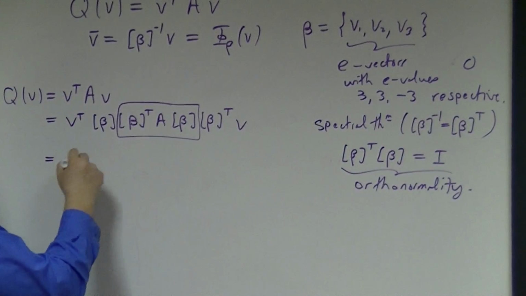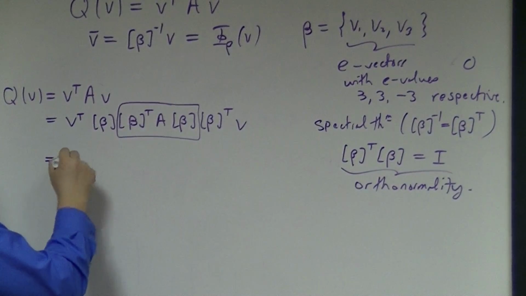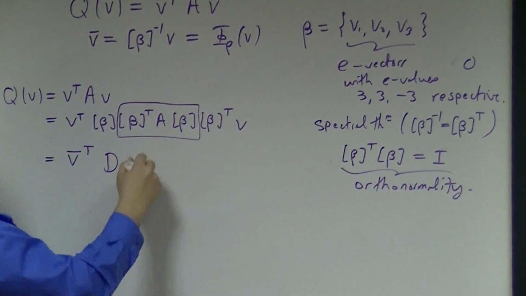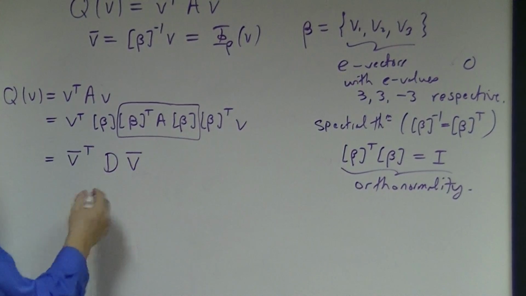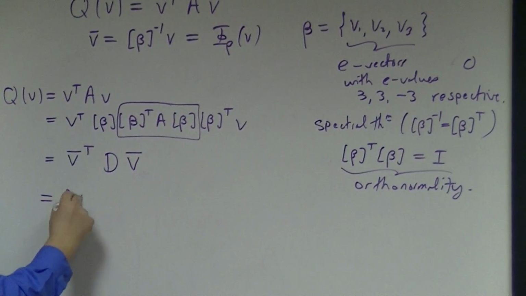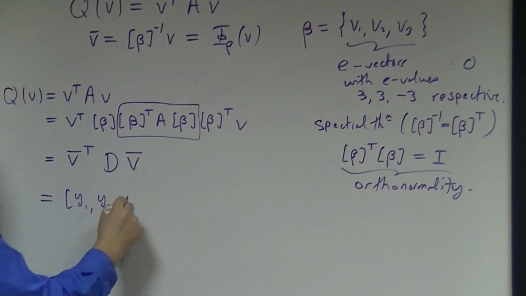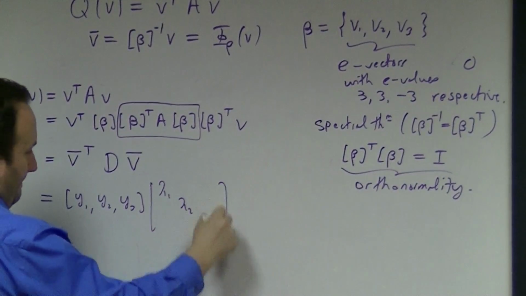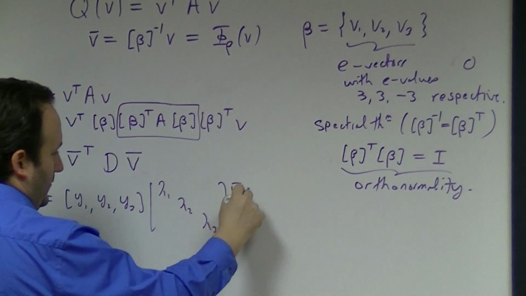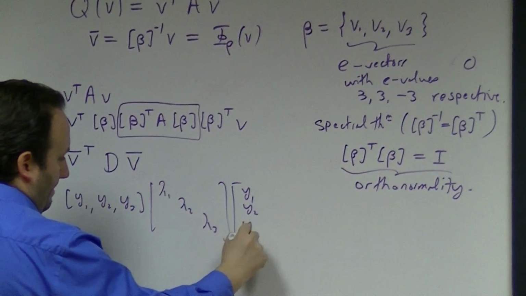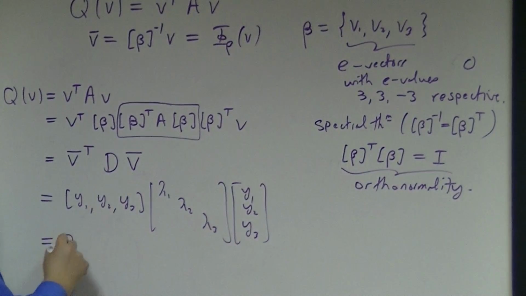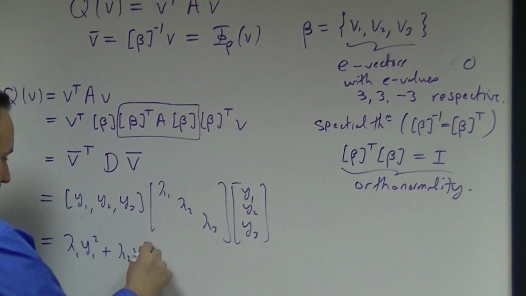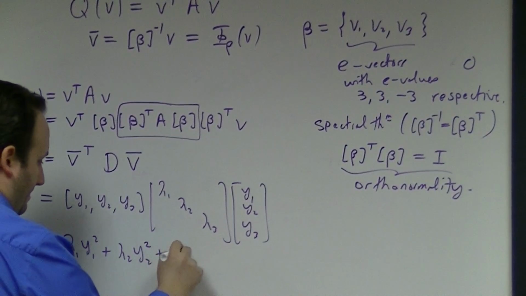So on the one side, I've got my V bar transpose, the diagonal matrix, and then V bar again. In particular, this is y1, y2, y3, lambda 1, lambda 2, lambda 3, y1, y2, y3. So I get lambda 1 y1 squared plus lambda 2 y2 squared plus lambda 3 y3 squared.